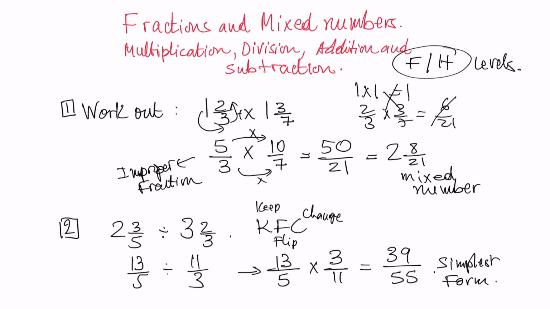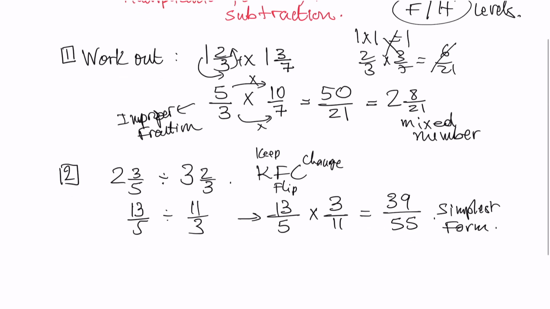We move on to another example where we can do addition and subtraction. Let's start with addition. So now I just do a fraction. So 2/5 add 1/3. To add and subtract fractions, you must get the same denominator.